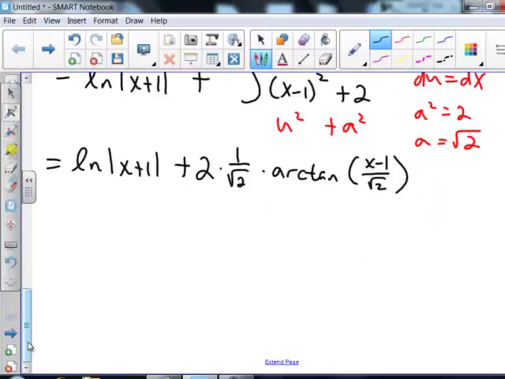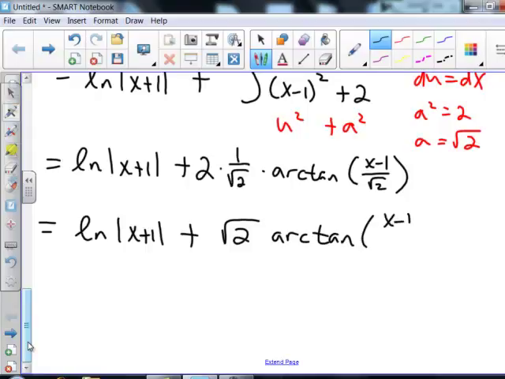And then we can rewrite this just a little bit nicer. This is the natural log of the absolute value of x plus 1 plus 2 over the square root of 2, which we can simplify as just the square root of 2. So this is the square root of 2 times the arctangent of x minus 1 over the square root of 2. And since this is an indefinite integral, we'll put the plus c on the end there.